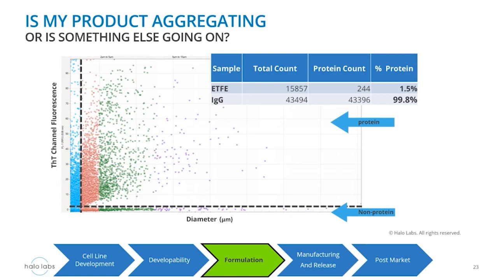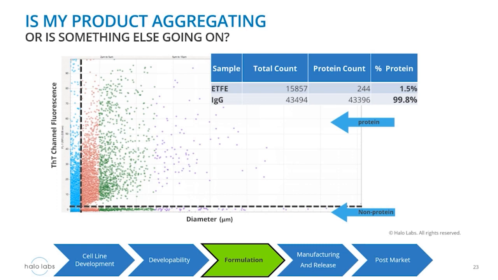And we also see that the thioflavin T is staining our protein aggregates with high specificity. So even in a sample comprised of different types of particles, you are able to accurately and reliably ID your biological aggregates within your sample to see what is truly going on.